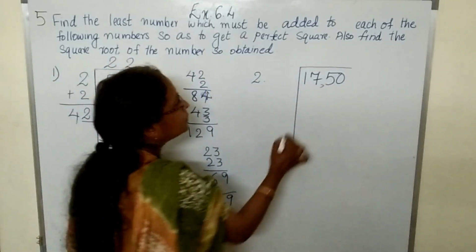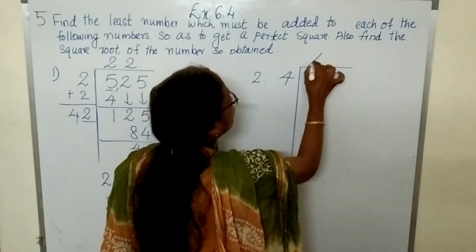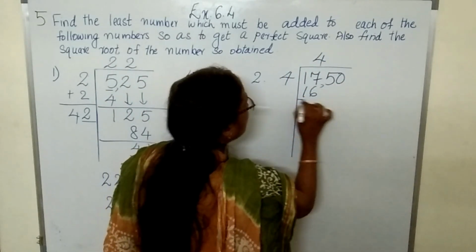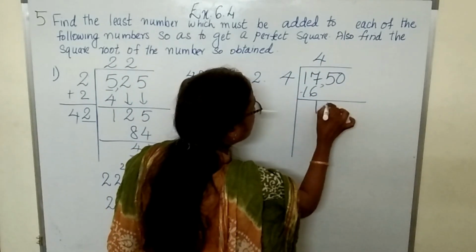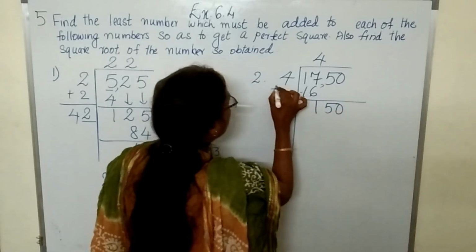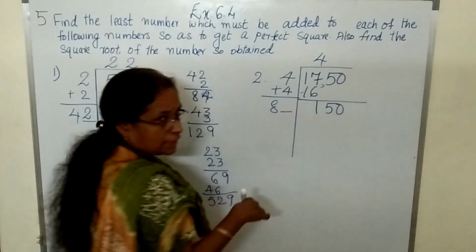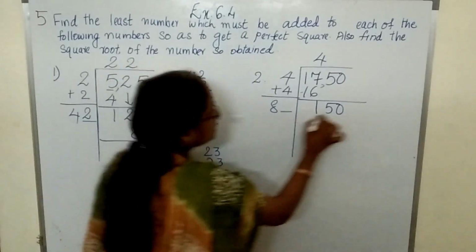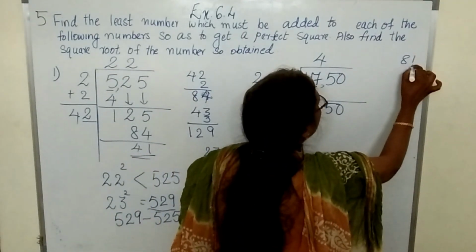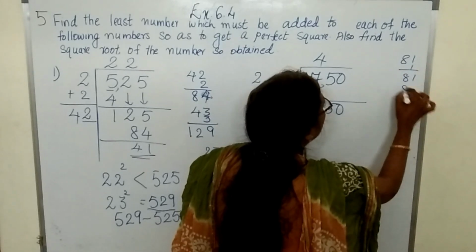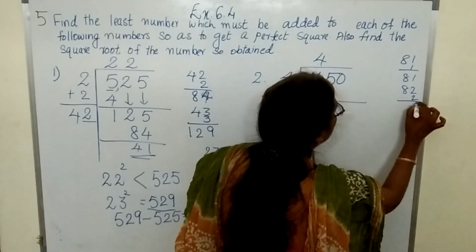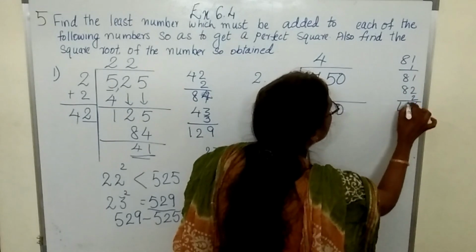1750. Make groups first. 4 4s are 16. When we subtract, 150. 8. Think of a number. See, if you take 81 ones are 81, 82 twos are 164.